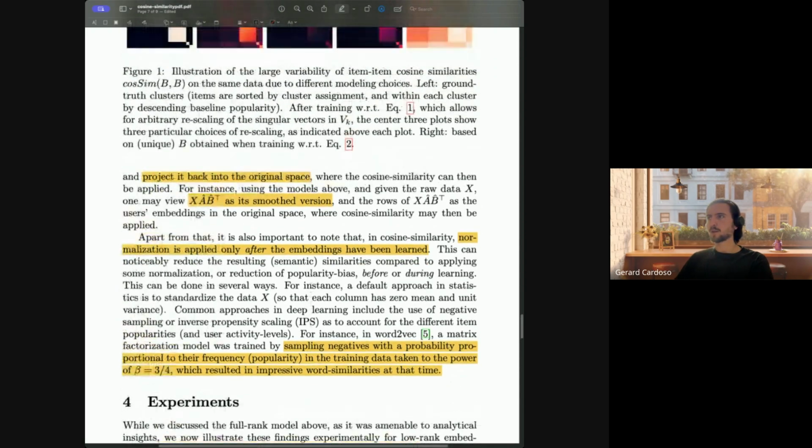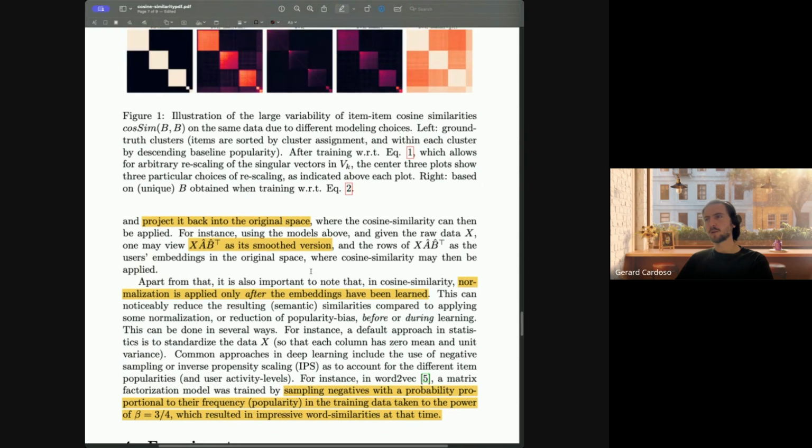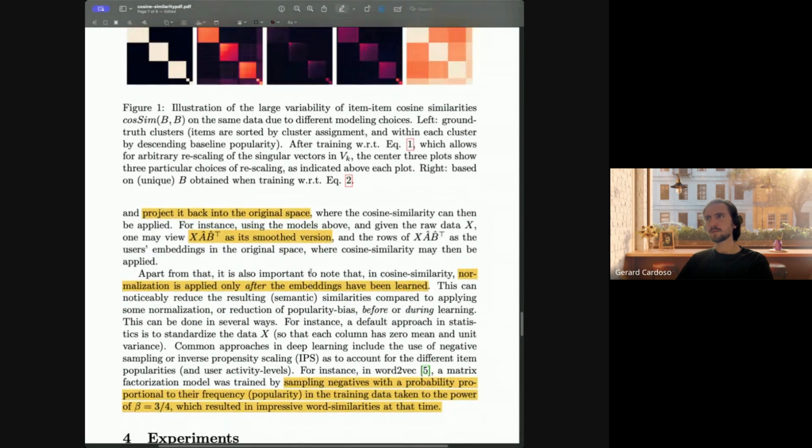I was really hoping at this point that they would go from a toy example of matrix factorization up towards what this means for a lot of the state-of-the-art models being used today. Like I mentioned, obviously a lot of retrieval augmented generation with LLMs relies on similarity search, and a lot of them presumably use cosine similarity.